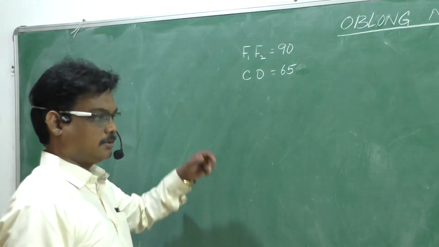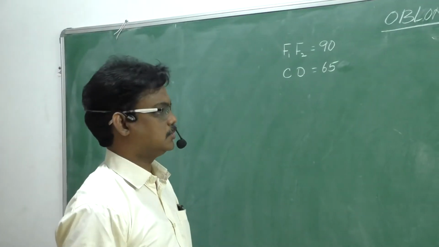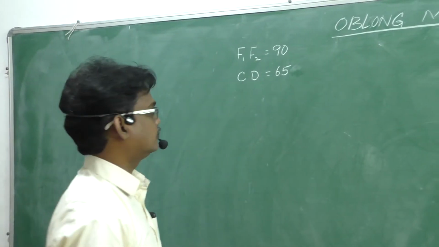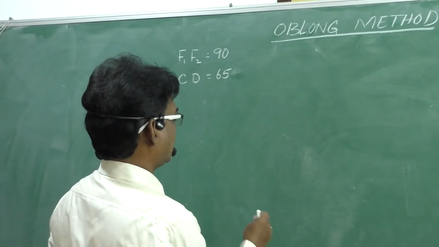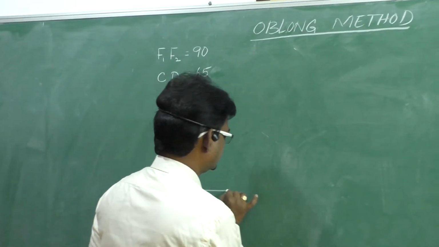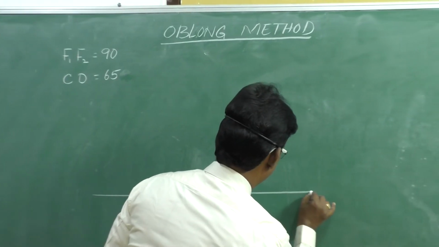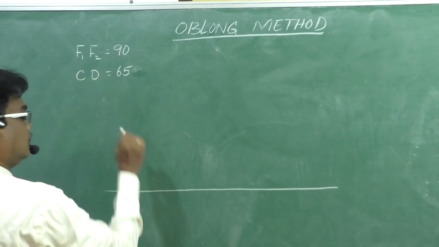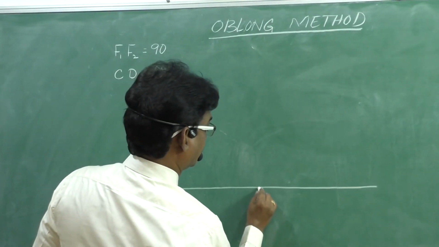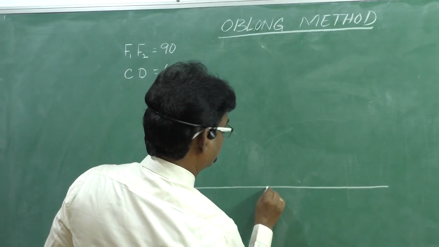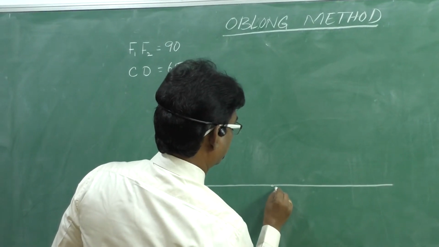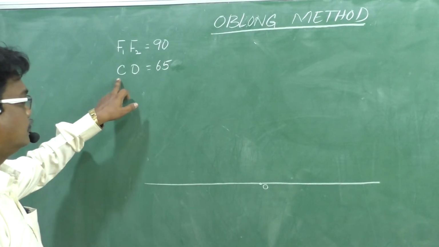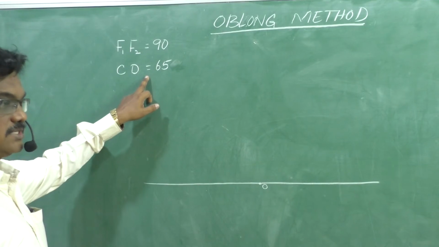Here, we need to use the property of the ellipse, and after that we can find the major axis length. First, draw a horizontal line, locate a point on it, and name it O. We know the minor axis length is 65.